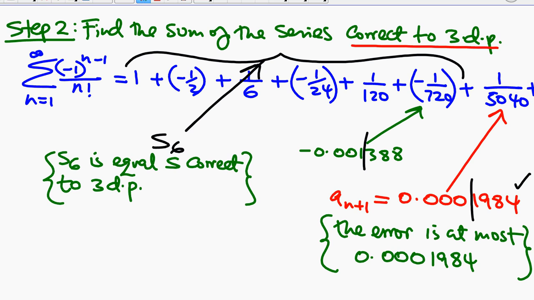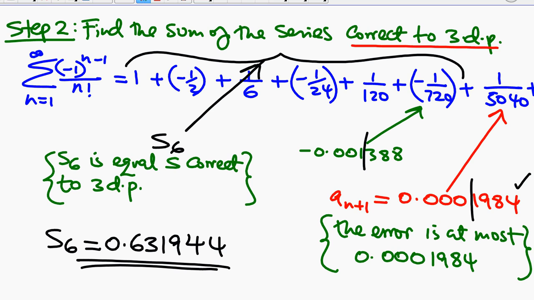So what is the sum of the series in this case, correct to 3 decimal places? We have to find S6, so you just add all those terms. S6 will be equal to, if you add the first 6 terms using your calculator, 0.631944. And this is correct to 3 decimal places.